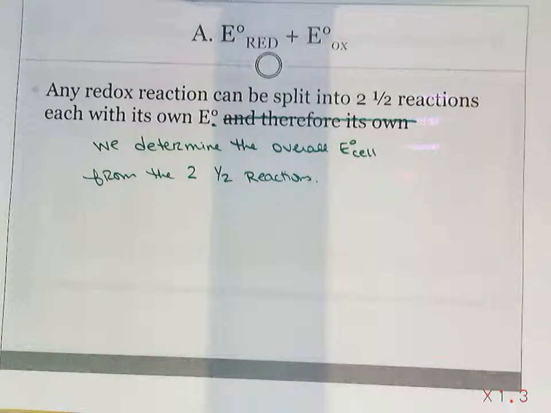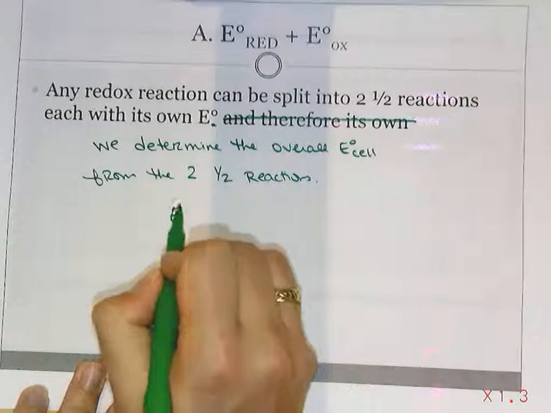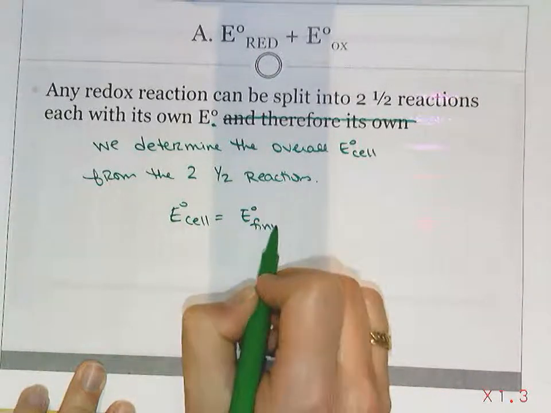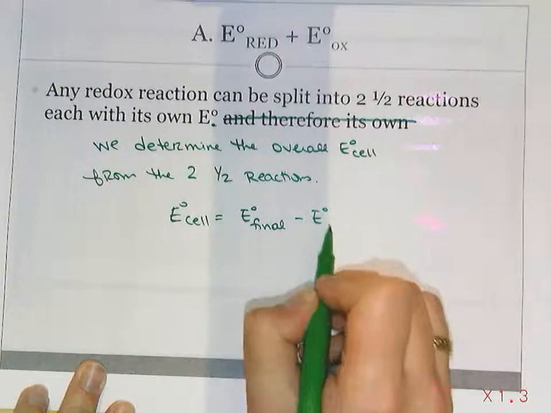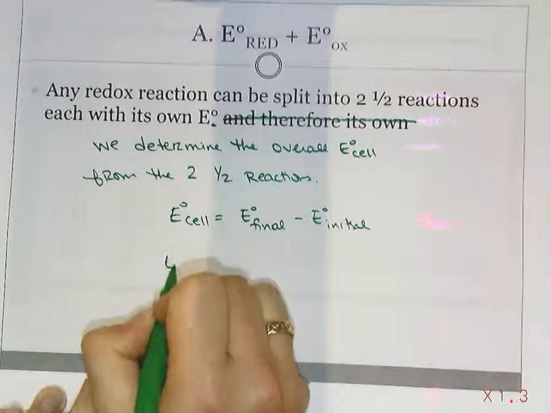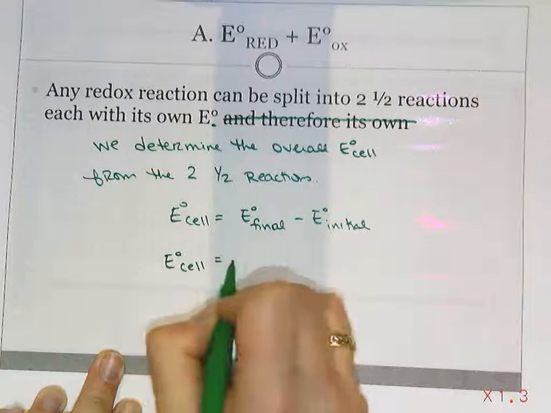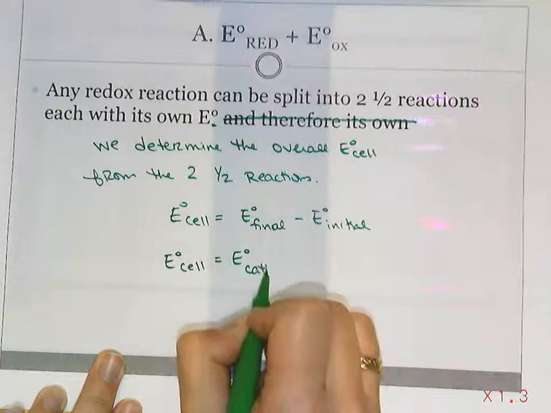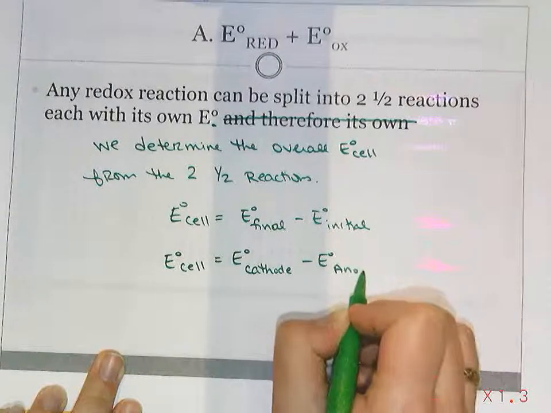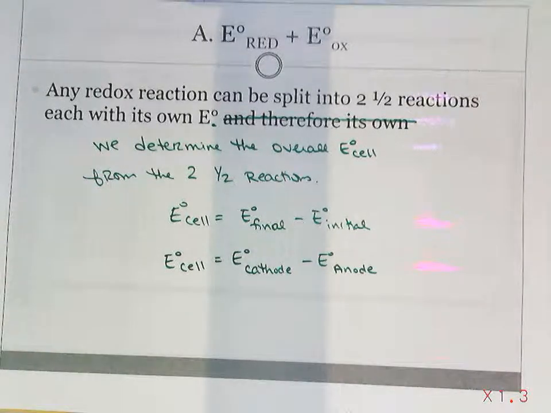That'll be E final. If I was doing any other kind of standard state thing, I'd do final minus initial. But the electrons end up at the cathode, starting off from the anode. So it's more appropriate to write it this way: the E0 of the cathode minus the E0 of the anode.